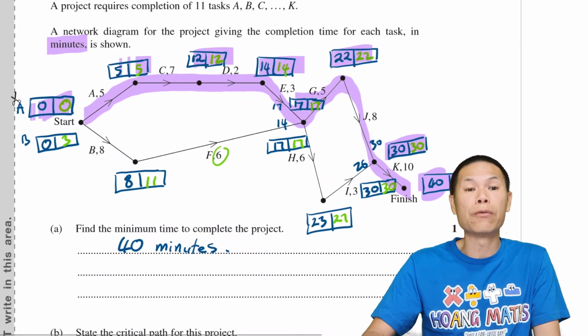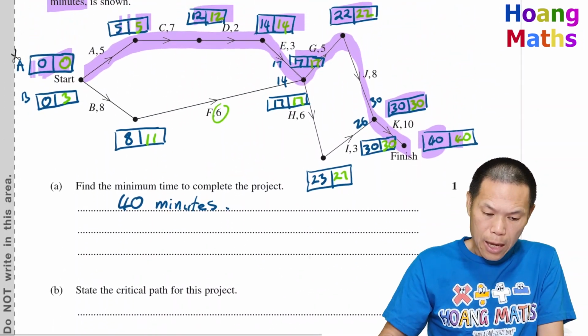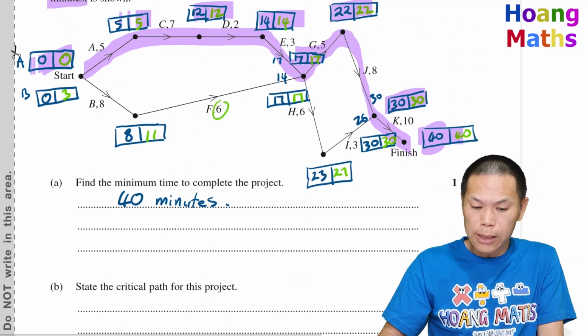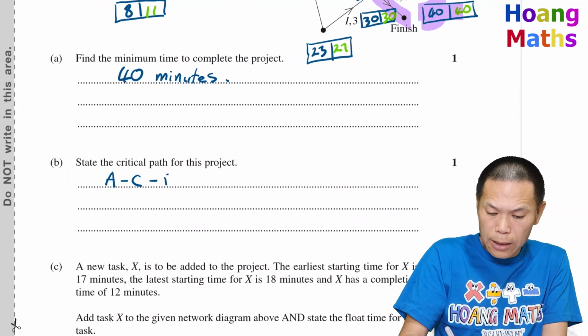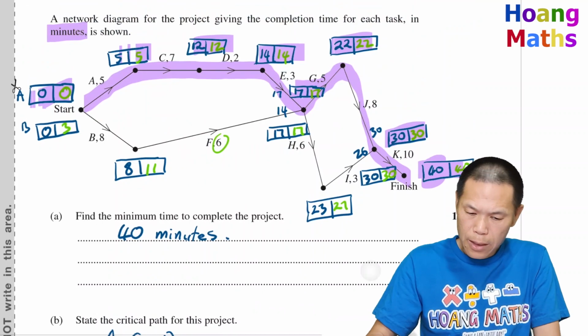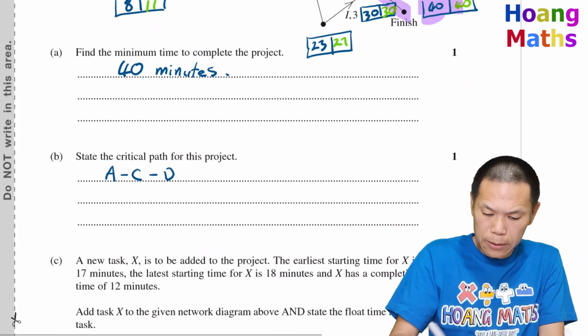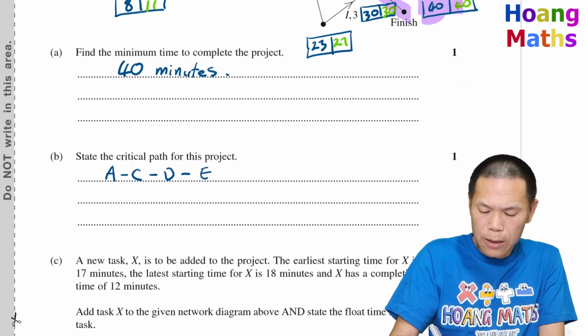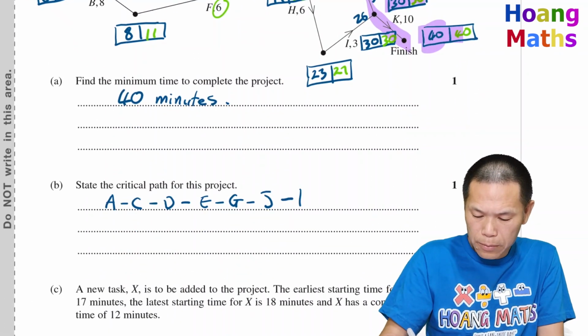In other words, the float time is 0. So that is C, D, E, G, J, and then K, of course.